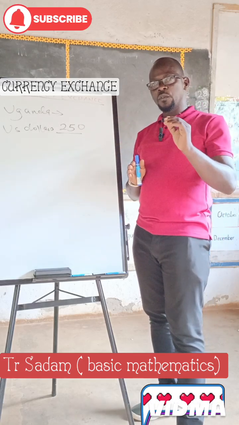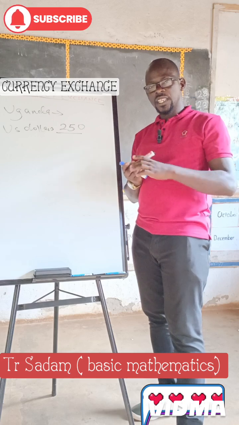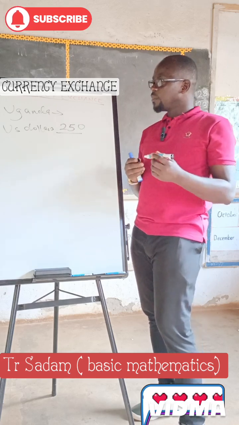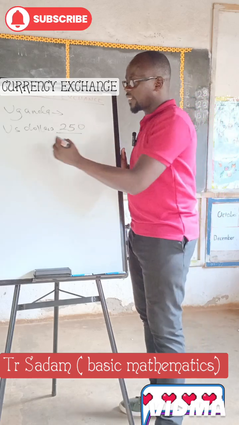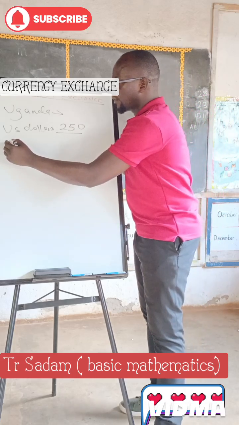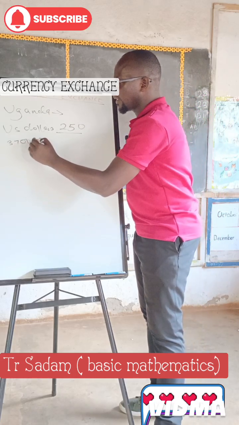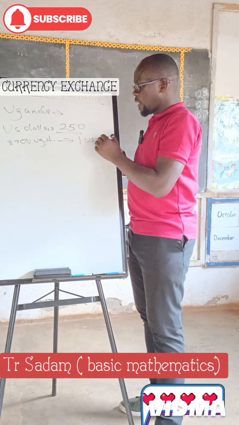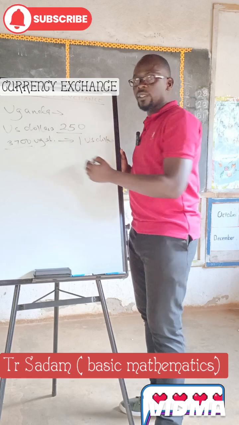Remember, the cost of each unit currency like this depends on the period of time. Sometimes people think, because the other day I said, 3,700 Ugandan shillings is equivalent to $1. Remember, this is not permanent.